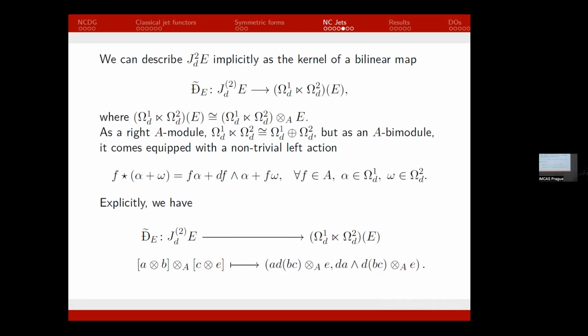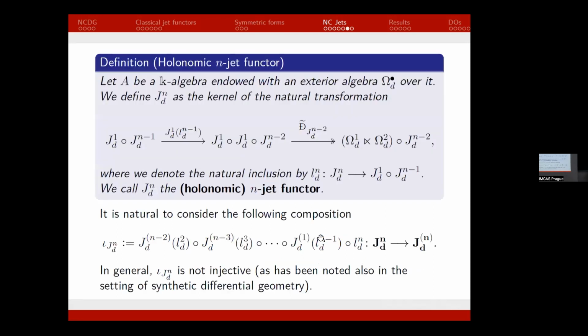This is the spirit. And in fact, this is the definition. So we see it as a kernel of F applied to the first two. So we have the Jn-1, which embeds in J1, Jn-2, and then the first two components get mapped by F. And the kernel is what we define.